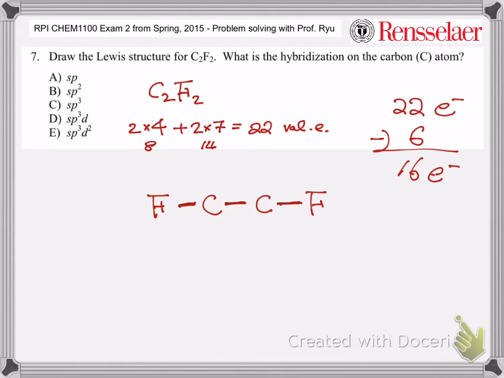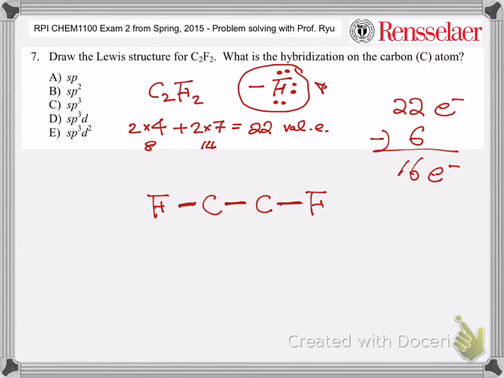One nice tip for Lewis structures containing a halogen, fluorine, chlorine, or bromine attached to it, is that their subunit of the Lewis structure is more likely shown in this form. So remember this.